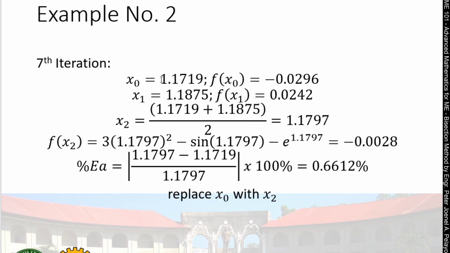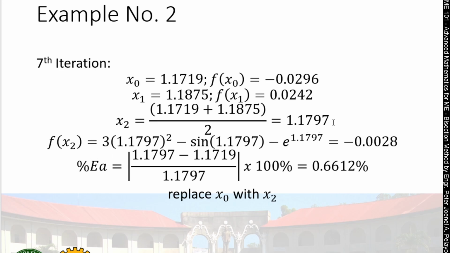Next, seventh iteration. So, na-replace lang yung x0 kasi negative nga. So, x0, x1, f of x0, and f of x1 ay na-solve na from previous. So, x2 natin will be 1.1719 plus 1.1875 all over 2 is 1.1797.